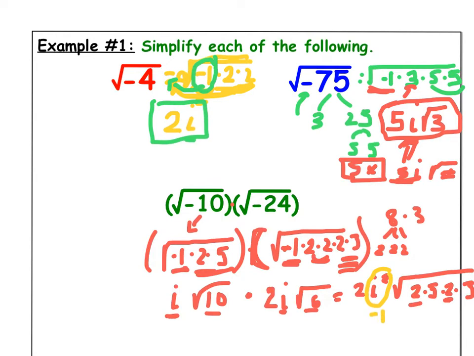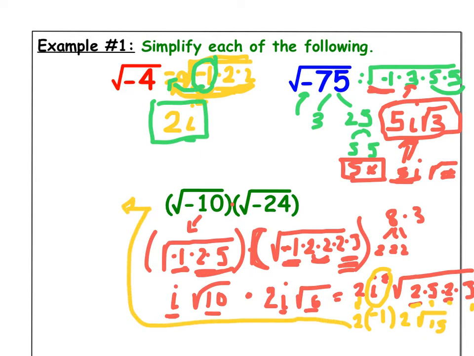That's a negative 1. I have this 2 right there. I have these partners right there, which also come outside. And then I have a 3 and a 5 that have no friends, so I can change that to 3 times 5 or 15.